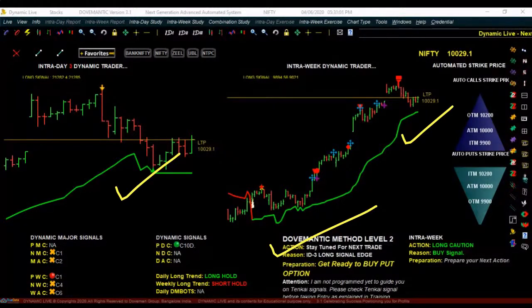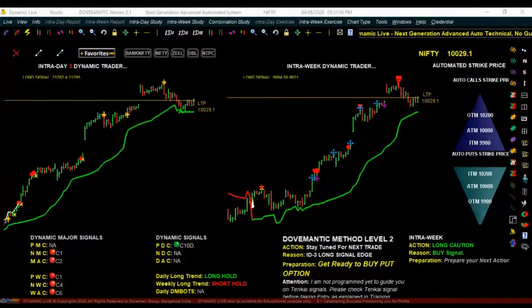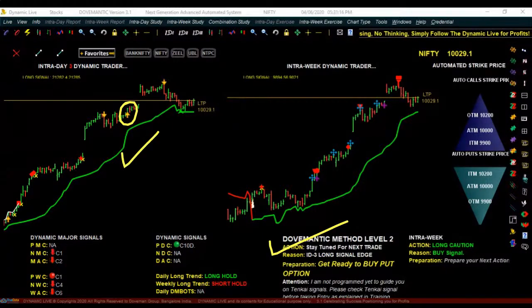Now let me give you an example here. At this point in time, the action said buy call option. We checked intraday 3 long, it was green in color, which means it is supporting. We checked the intra-week long signal, it was also green and also supporting.